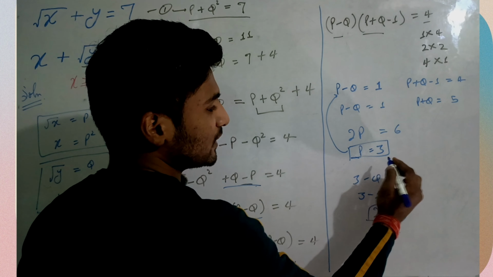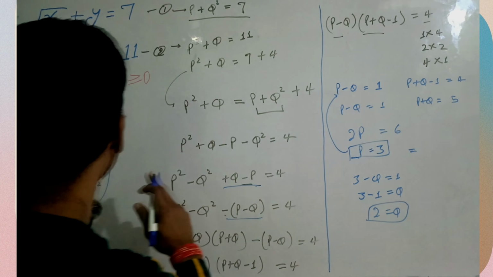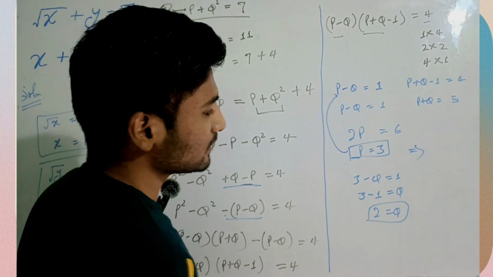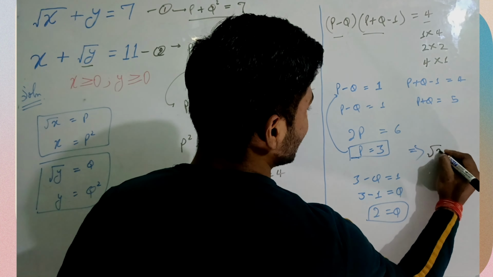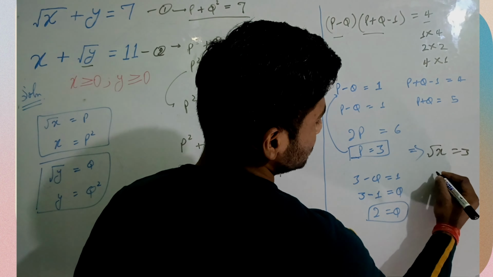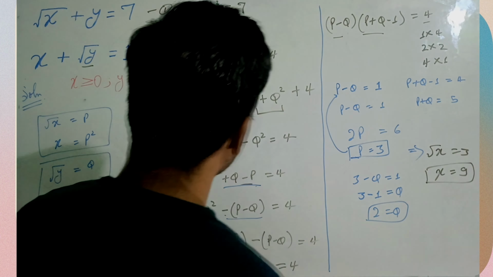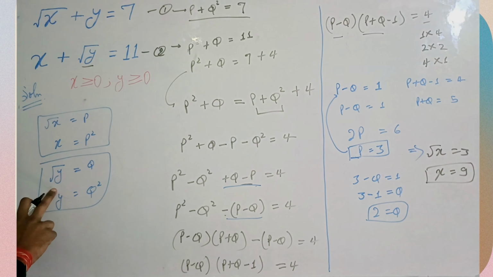But p was equal to root of x. So we get root of x is equal to 3. Squaring both sides we get x is equal to 9. Similarly, root of y is equal to q, so root of y is equal to 2, or squaring both sides we get y is equal to 4.